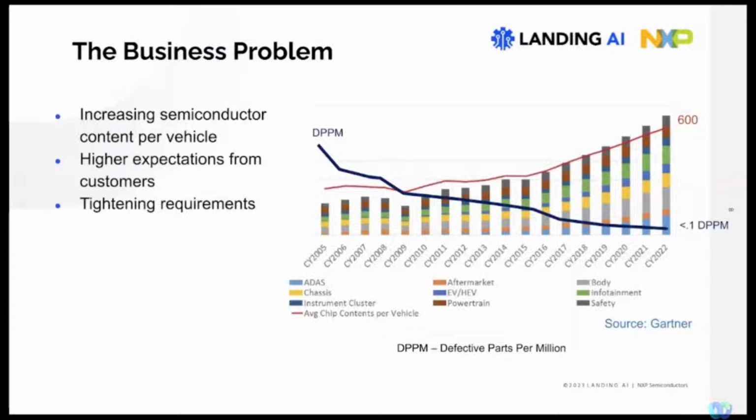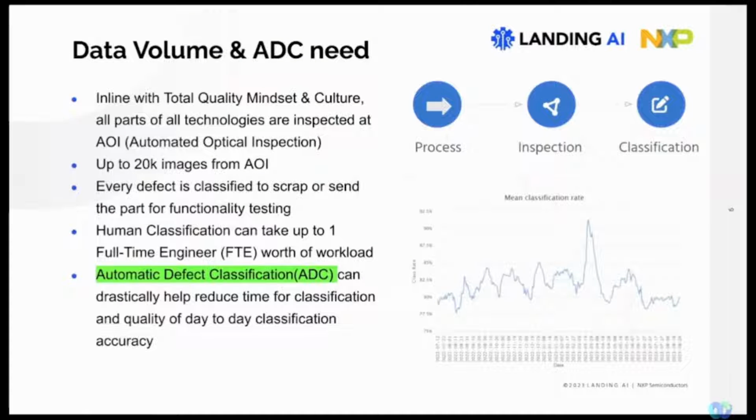However, our customers expect fewer defects per million, so the quality requirements are getting more and more stringent, and this requirement makes you want to do the inspections reliably and reject accordingly, so that fewer defective parts per million are sent to our customers. Next, please.